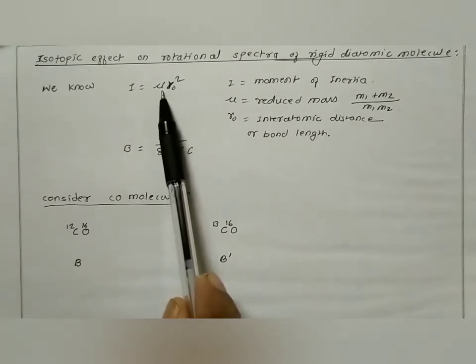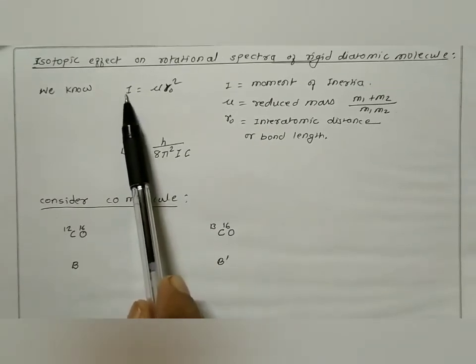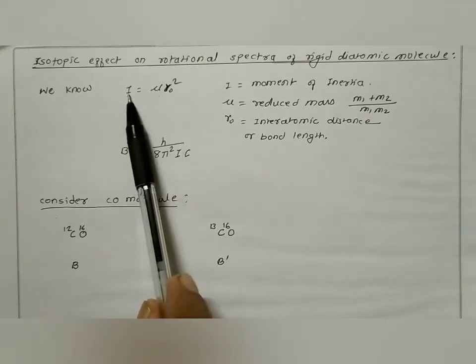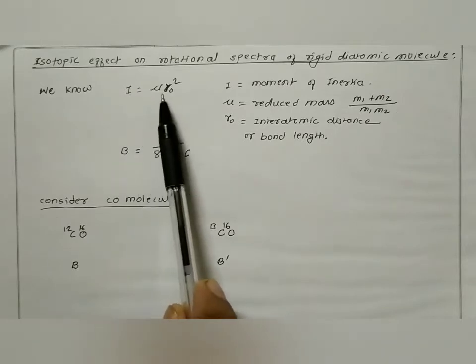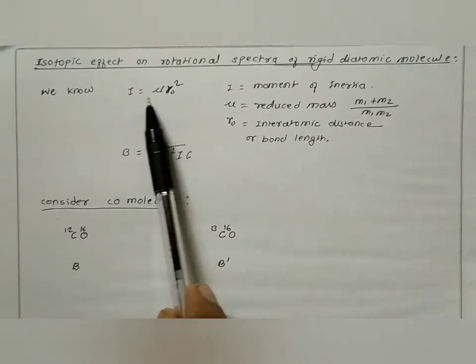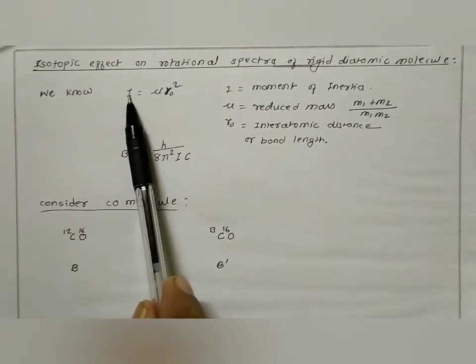With an increase in the reduced mass there is an increase in the moment of inertia, and with a decrease in the reduced mass there is a decrease in the moment of inertia.